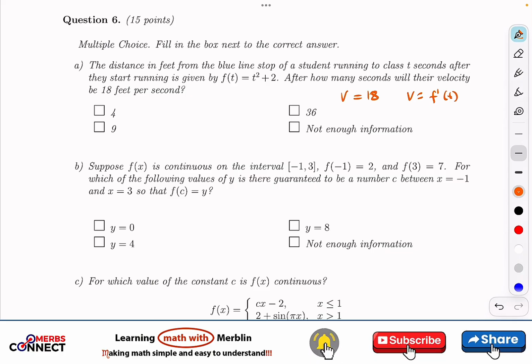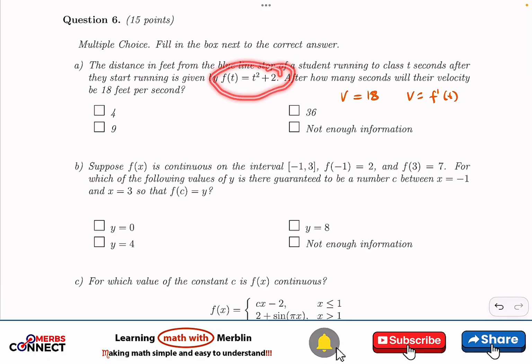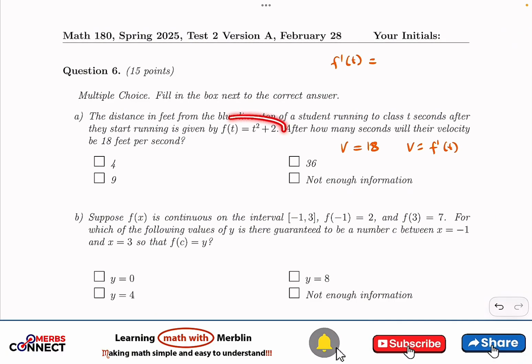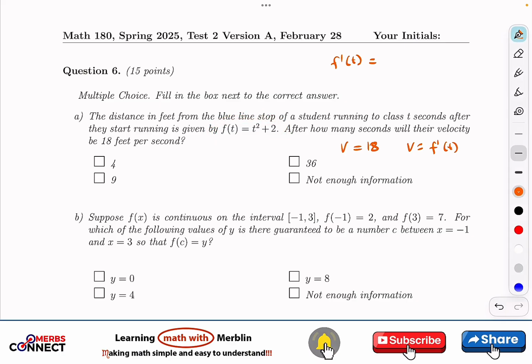So what we just need to do here is differentiate this position function to get the velocity, and then we equate it to 18, then we solve for the time, because we are looking for the time. So let's do that. F prime of t is equal to 2t.